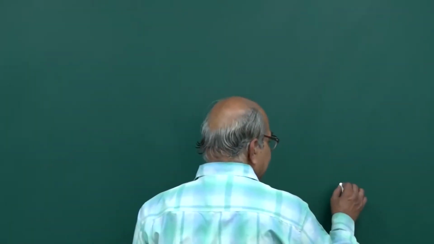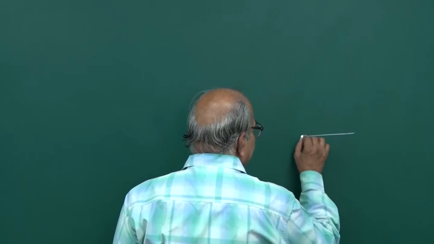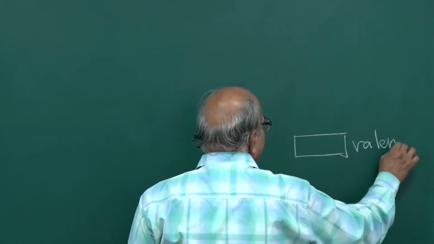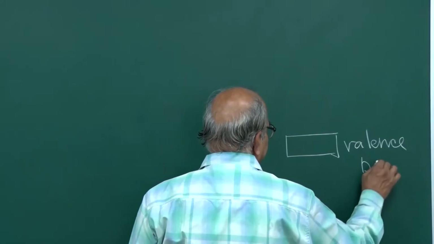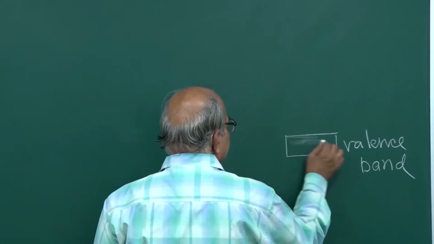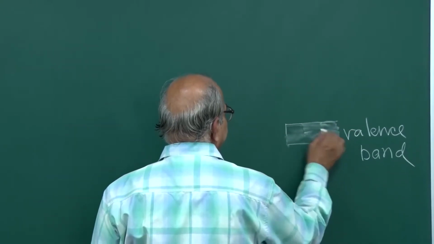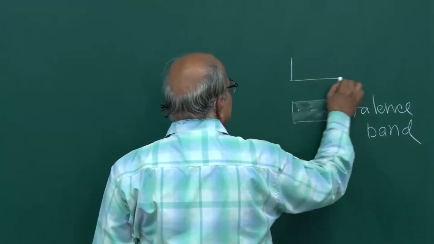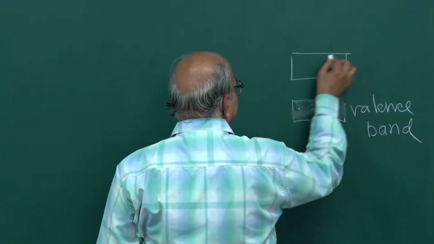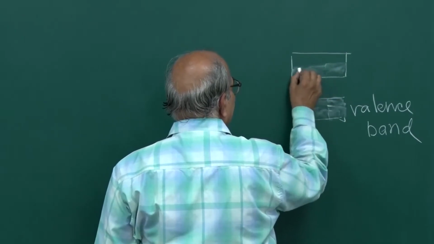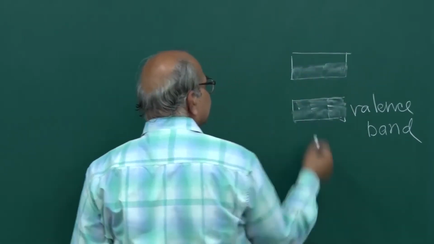So you can have a situation where you have a valence band, and by definition this valence band is completely filled. So this is the valence band, all these states are completely filled. And then you have a conduction band, which is partially filled. I remind you, I am talking of low temperatures only.